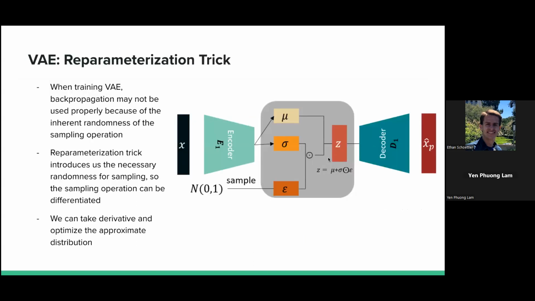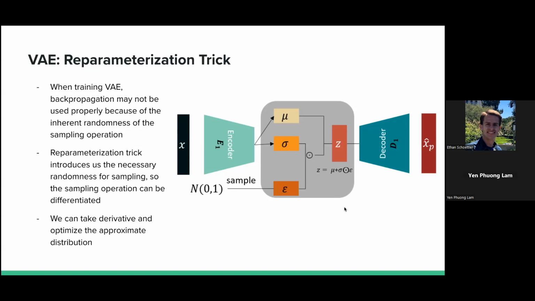The reparameterization trick is used when training the variational autoencoder due to the inherent randomness of the sampling operation.